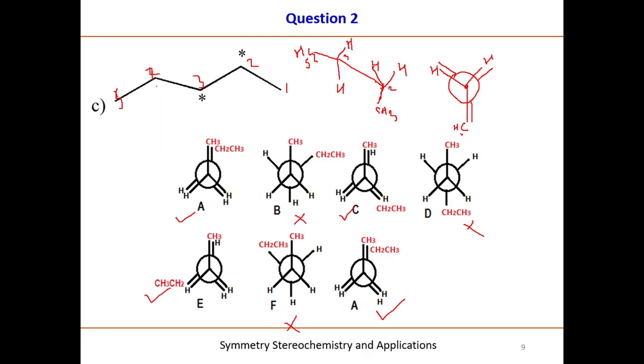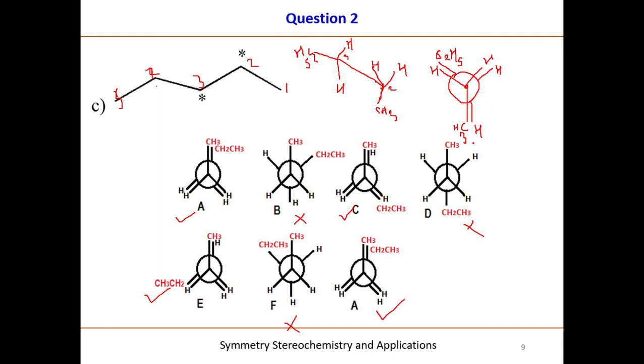Now let's see the backside carbon. The backside carbon has C2H5 here, this place. Sorry, I am not able to write properly. This is C2H5, and this is H, and here also H. This is one of the eclipse conformations for this molecule.